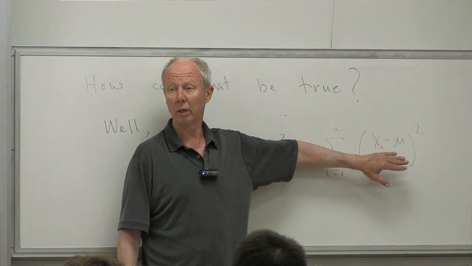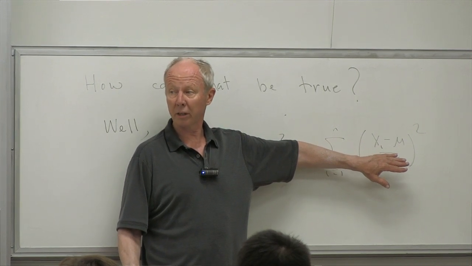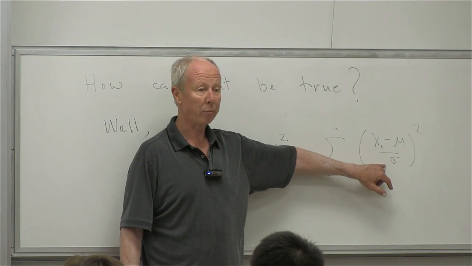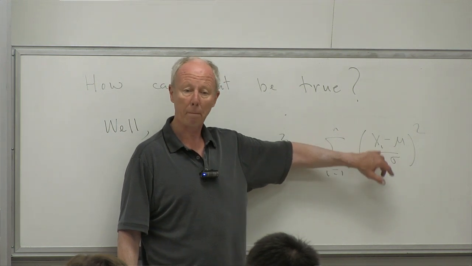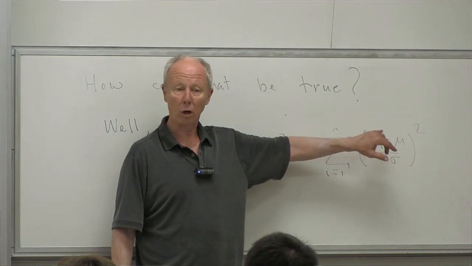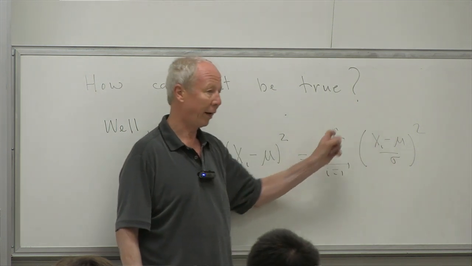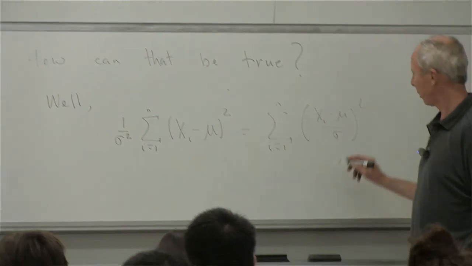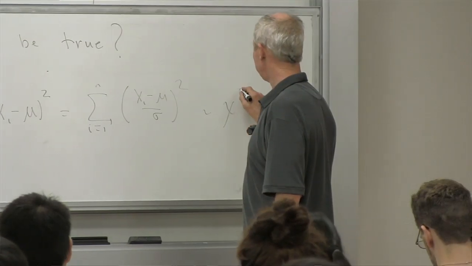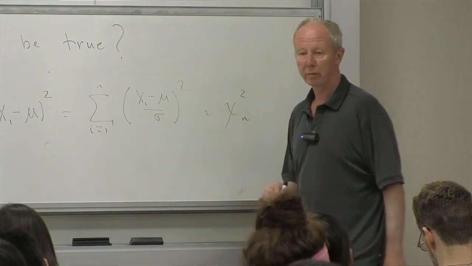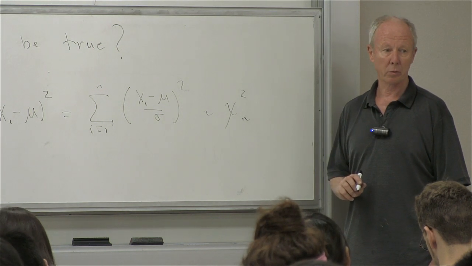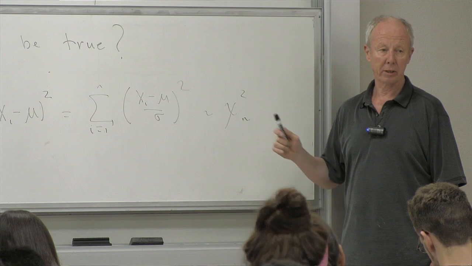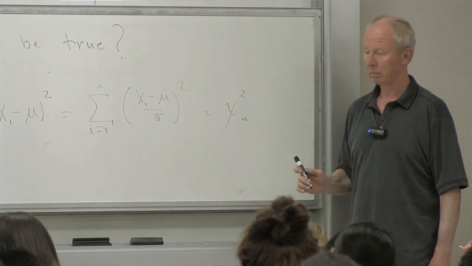Normal, mean 0, and variance sigma squared. And now if I divide that by sigma, what's the distribution of this thing? Right, normal, mean 0, variance 1. And I square it, and I add up n independent ones. So what's the distribution of this? This is chi squared with n degrees of freedom, because we are summing n independent normals which have mean 0 and variance 1 squared.